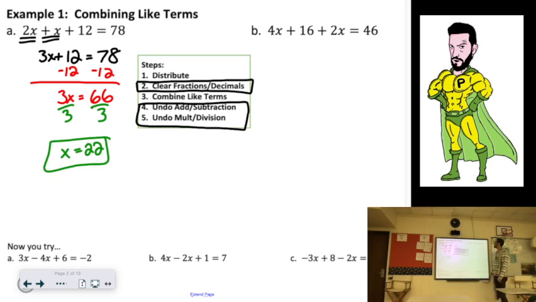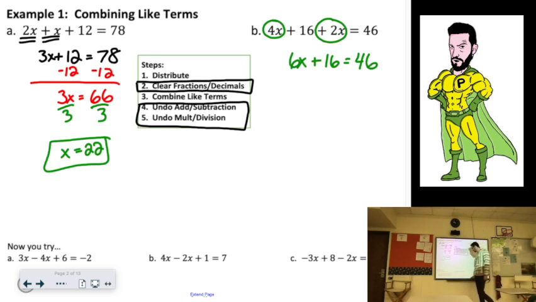Number B, 4x plus 16 plus 2x equals 46. I have some like terms. I have the 4x plus 2x. That would give us 6 x's altogether. 6x plus 16 equals 46. I'm trying to cancel out plus 16. I should probably subtract it.